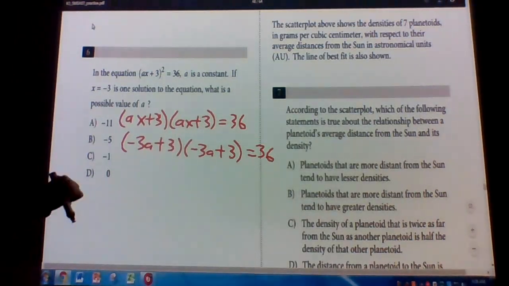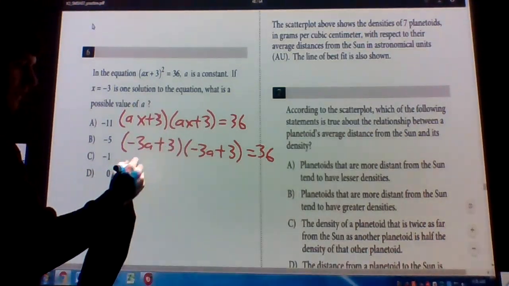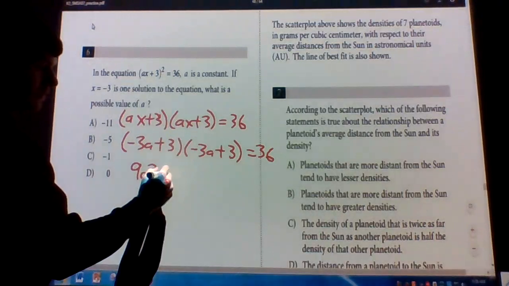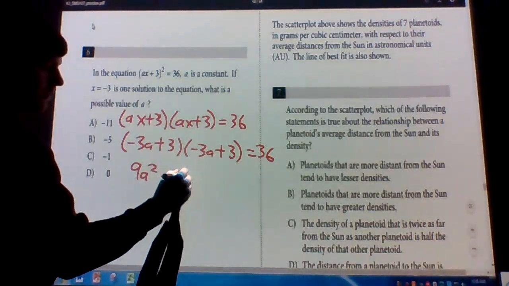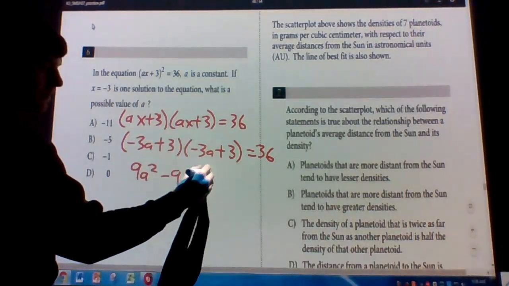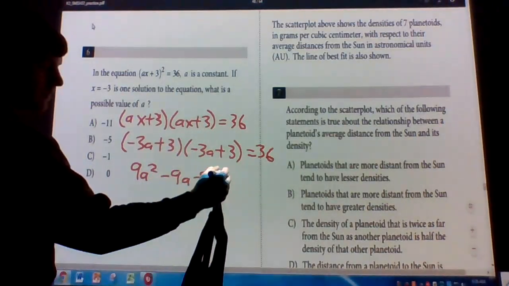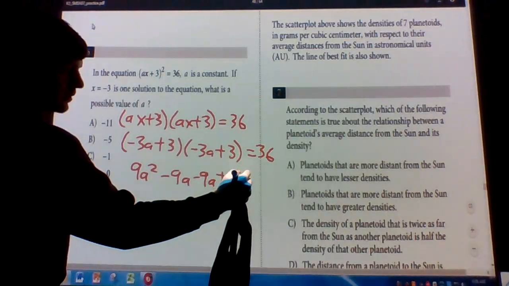Okay, if we do it by hand though, we want to multiply, so negative 3a times 3a is going to give us 9a squared. Okay, minus 9a minus 9a plus 9 equals 36.